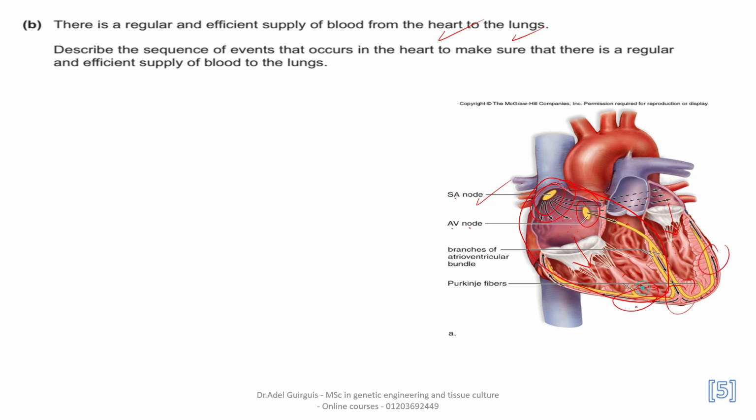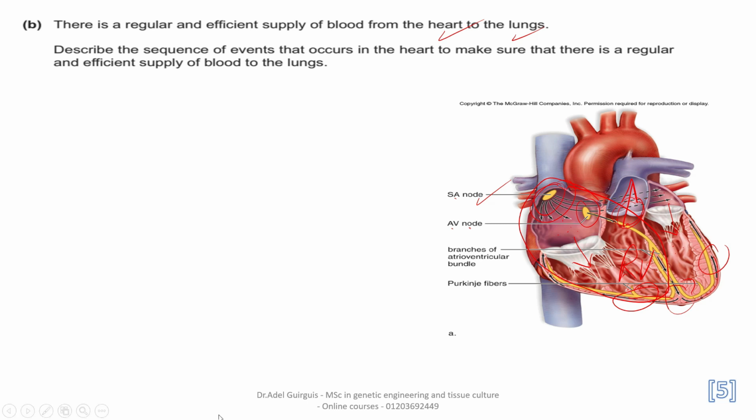This allows both ventricles to contract, ventricular systole. Blood passes from the right ventricle towards the pulmonary artery, by the opening of the semilunar valve.